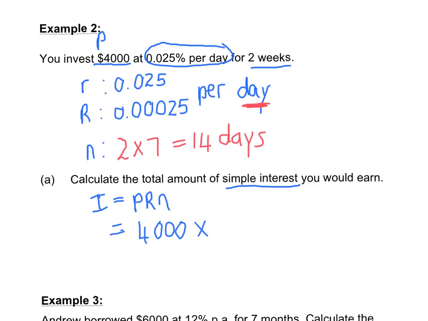The interest rate as a decimal already divided by 100. And the number of days is 14. Using my calculator, I calculate that. I always have a unit in my answer, and the amount of simple interest earned is $14.